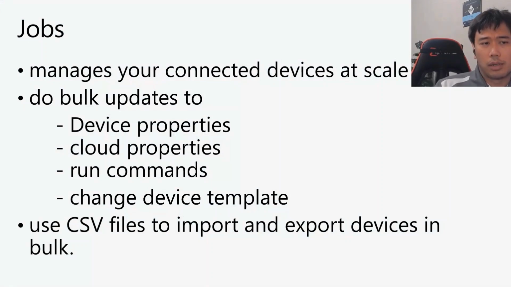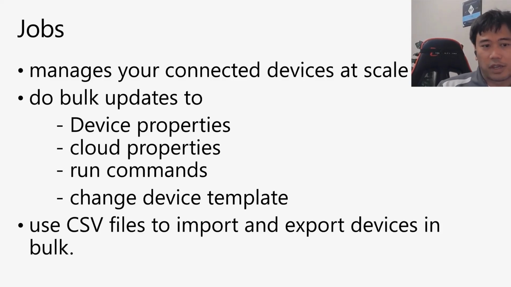Let's talk about jobs. Jobs is a way to manage connected devices at scale, where you can set device properties, cloud properties, you can run commands, you can change device template. You can even use a CSV file to import and export devices in bulk.